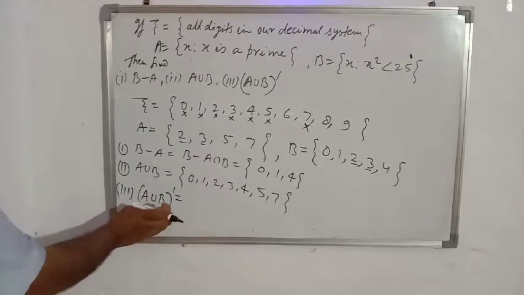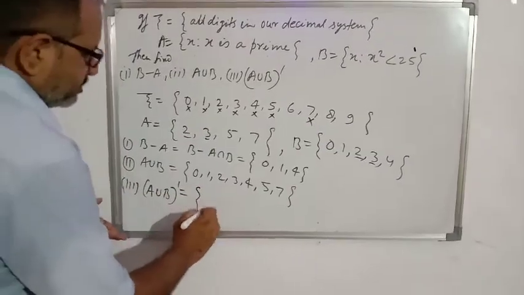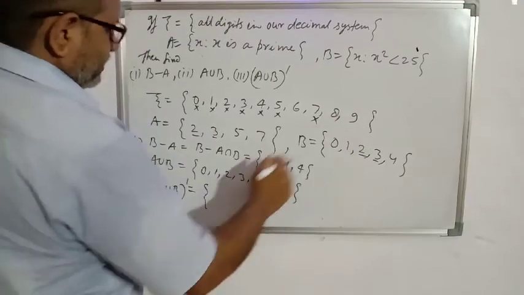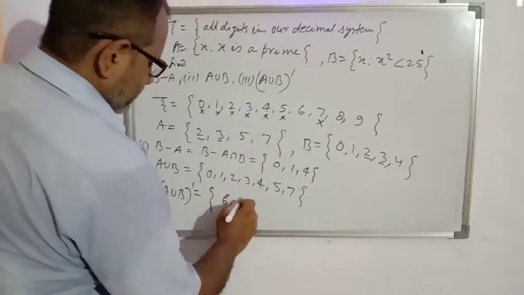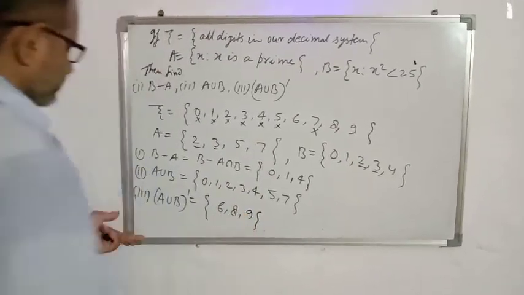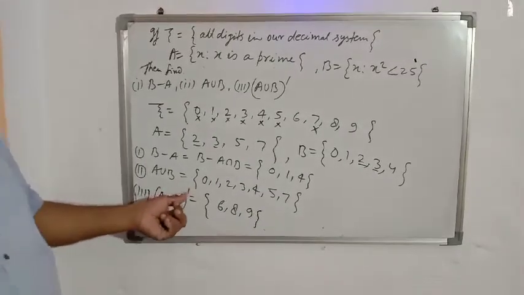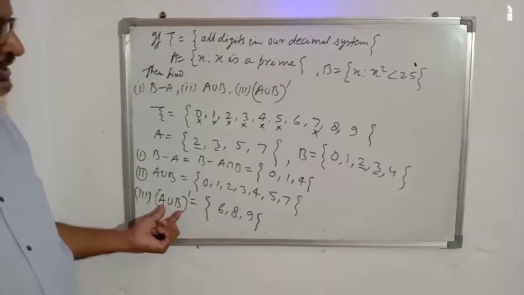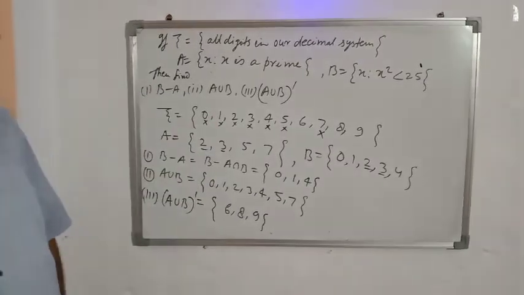Then we will get A union B complement. So what are the remaining elements? 6, 8, 9. So this is A union B complement. In case of complement, we have to remove the elements of this set from the universal set.